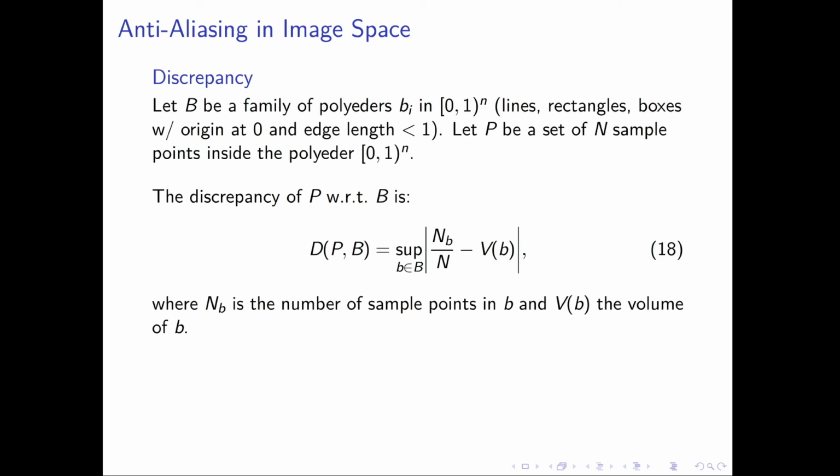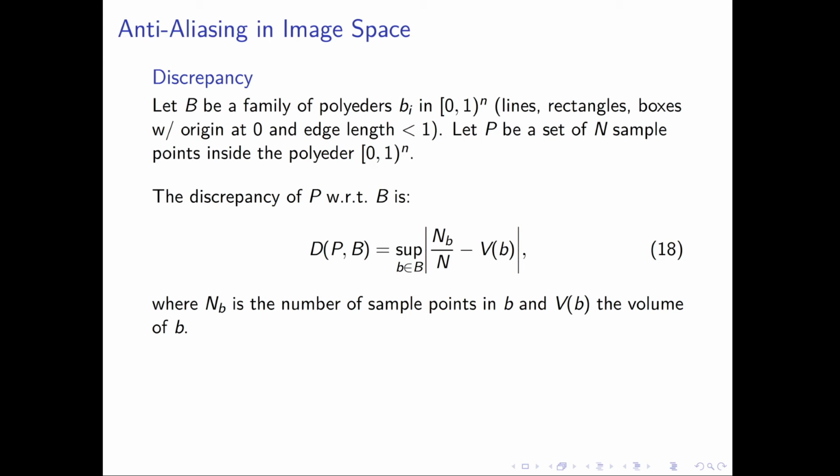So discrepancy, what does it really mean? For that, we consider a family of polyhedra defined for n dimensions, centered at the origin, whose edge length is less than 1.